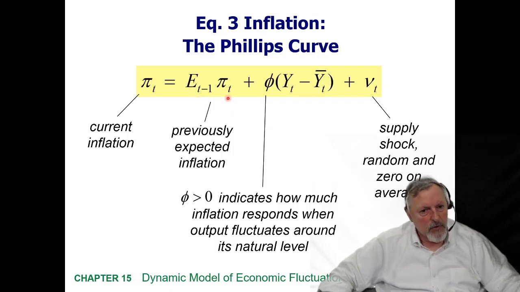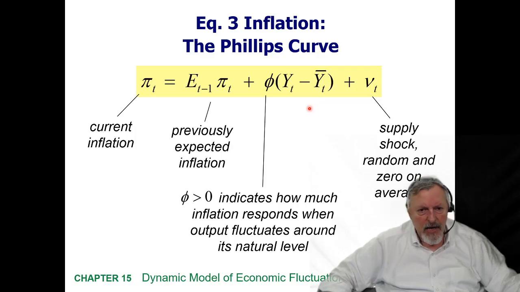This matters because if people expected, for example, very high inflation today, they're going to write that into contracts. So that will have an effect on what inflation actually is today. It's a bit of a self-fulfilling prophecy.